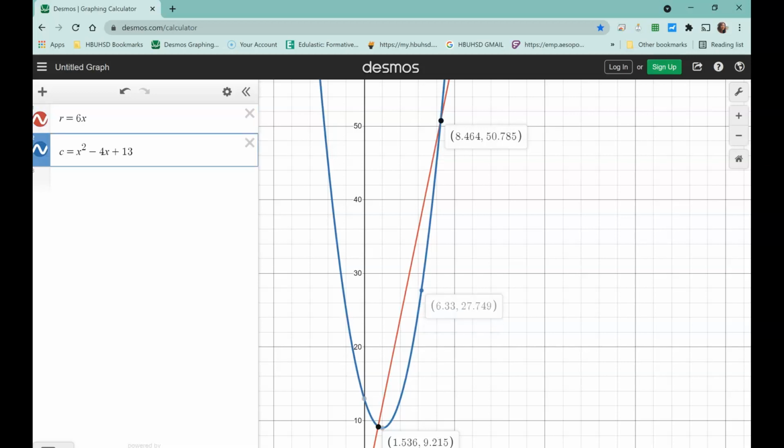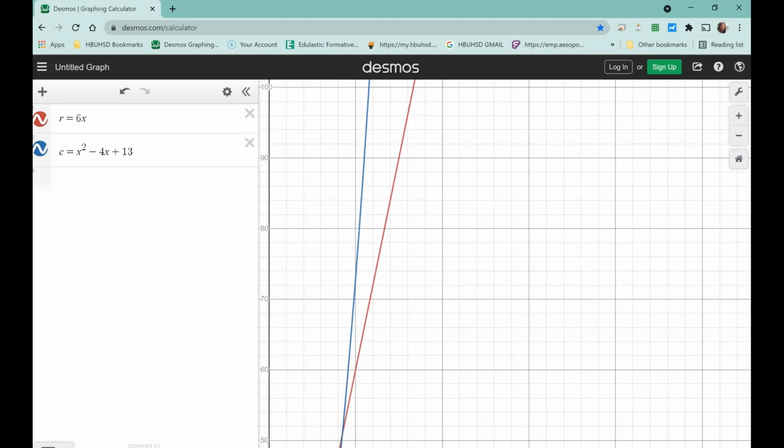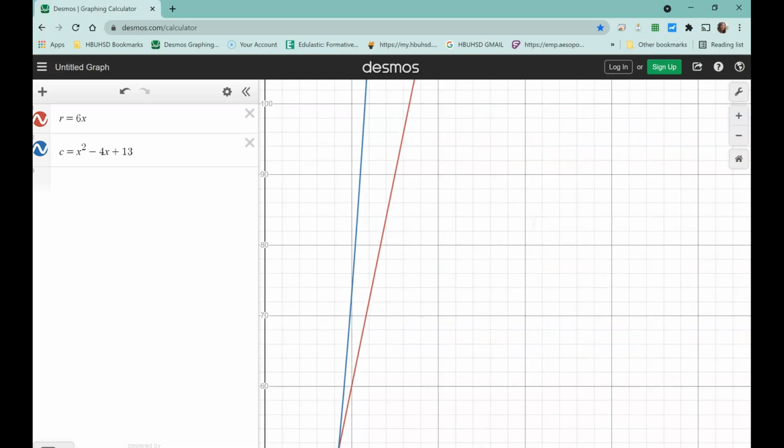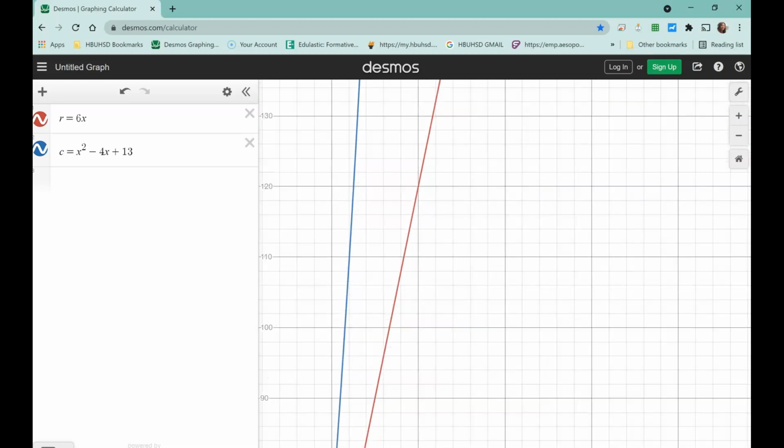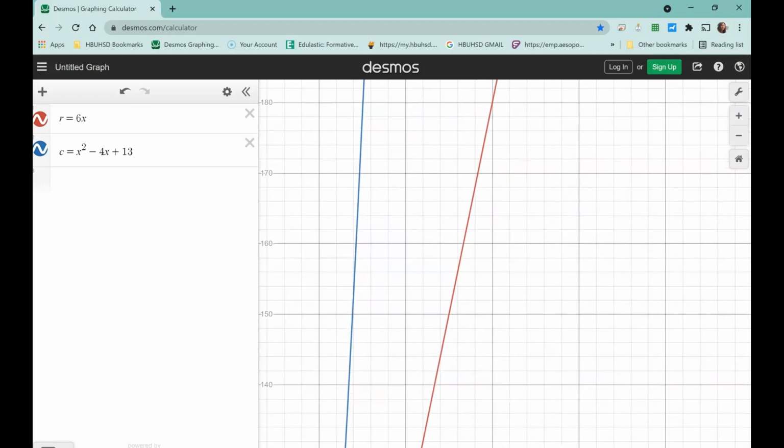Let's find 5. Where is 5? 5 is somewhere here. Okay, so around 5,000 units, can you see the revenue is above the cost here? So around 5,000 units, this is when we make money right away. But this is, again, a unique model. The more units we produce, the more it looks like we will lose because the revenue graph gets below the cost, and the costs increase exponentially more.